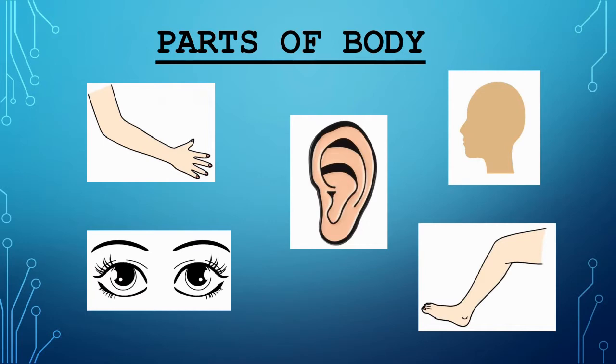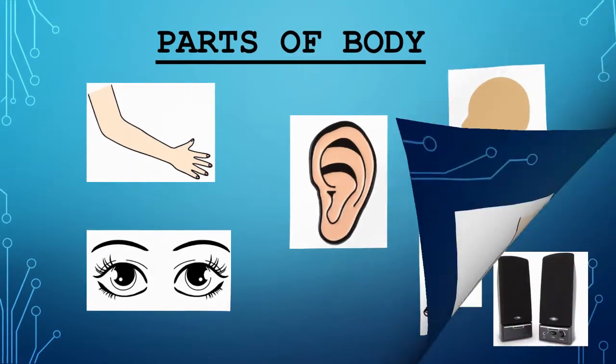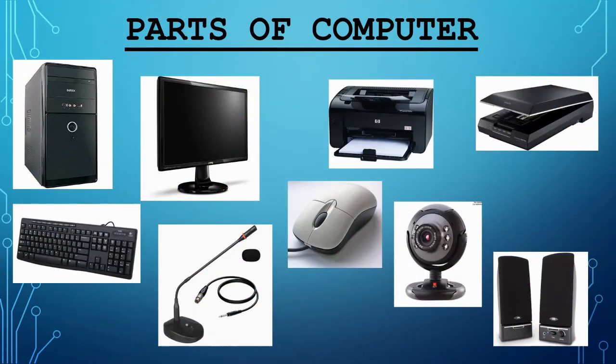Like this, computer is also made up of different parts that work together. Each part of the computer has its own function, which collectively helps us to do a lot of things. Now let's see the parts of a computer.